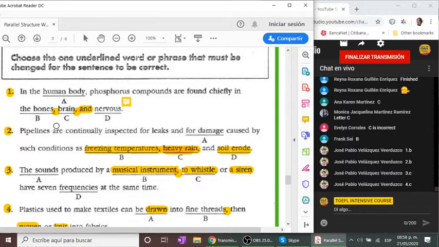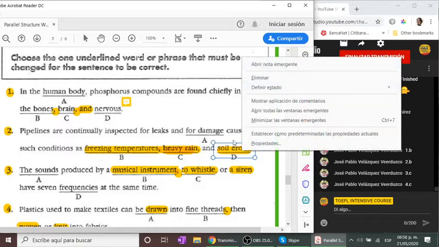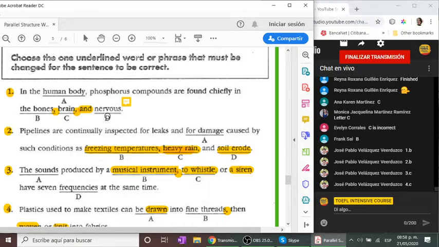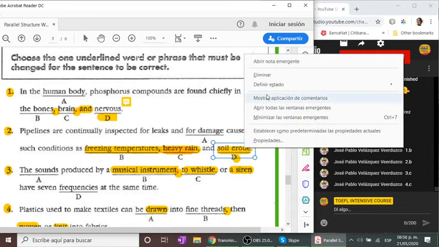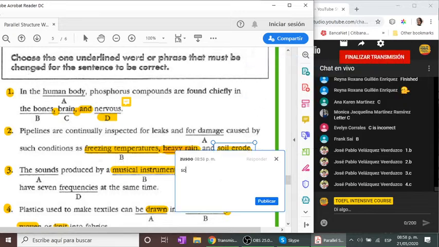Pipelines are continually inspected for leaks and for damage caused by such conditions as freezing temperatures, heavy rain, and soil erode. Soil erode is incorrect. It would need to say soil erosion. So that's wrong.